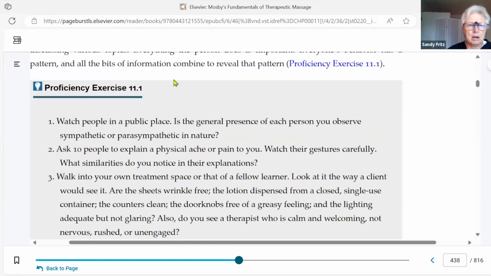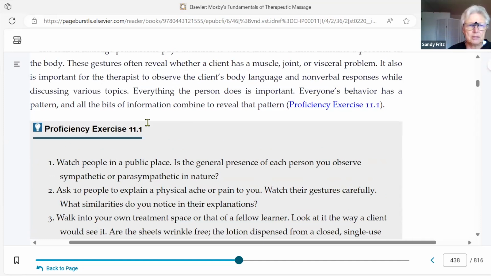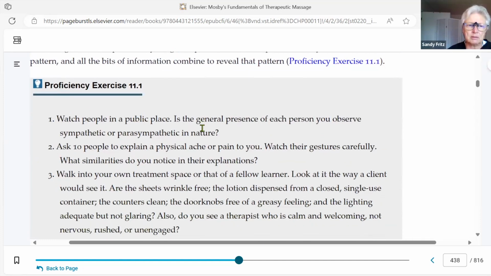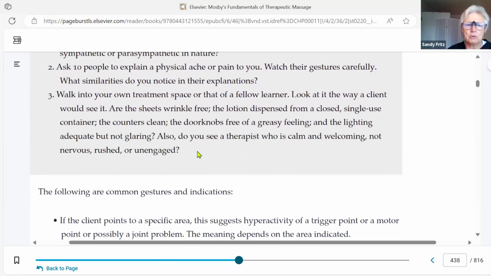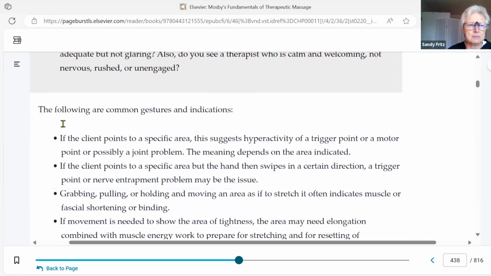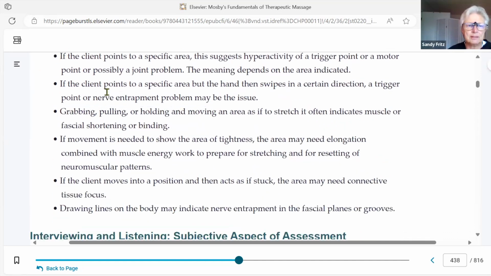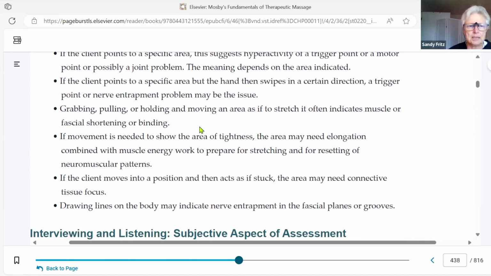So there'll be some examples here, and then proficiency exercises are in play here so that you will integrate and practice these concepts. So here are some common gestures that may be what the client is indicating.